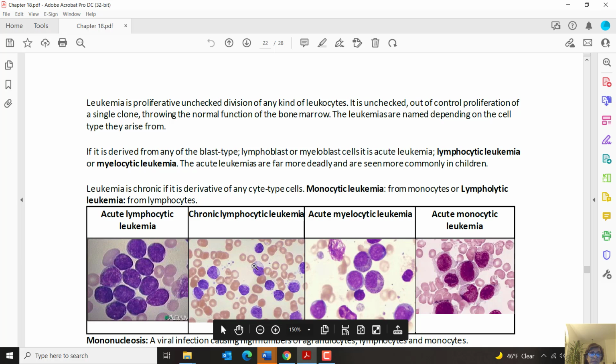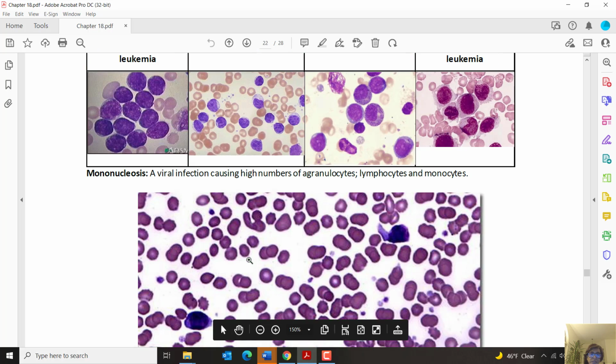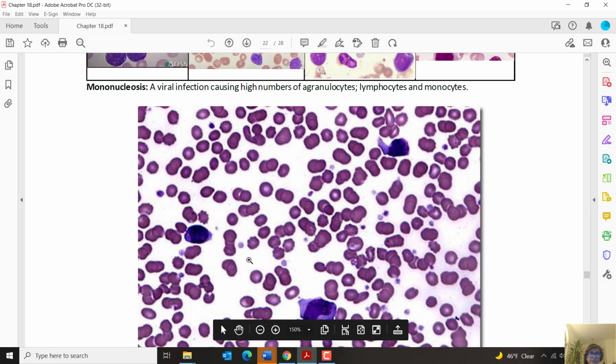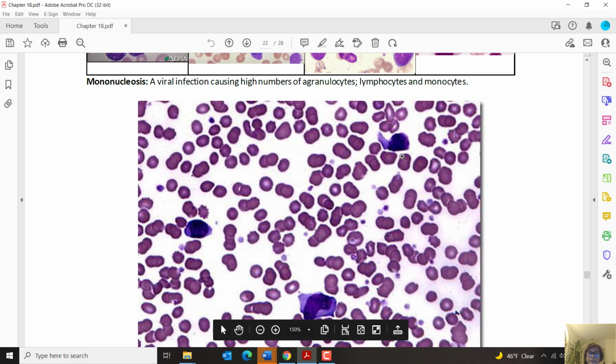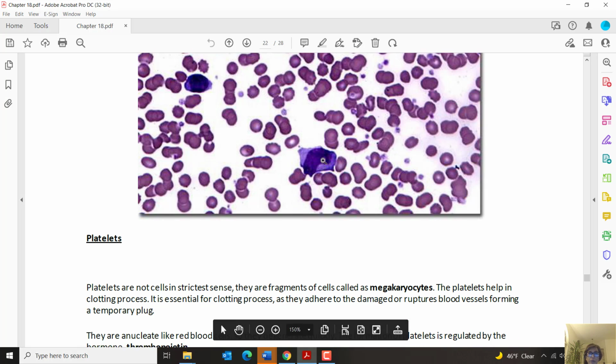Chronic lymphocytic leukemia, again, a lot of lymphocytes. Acute myelocytic leukemia, so this is monocytes. And then monocytic leukemia, again, monocytes. This is a smear of mononucleosis where you can see these are macrophagic, so those are also monocytes.